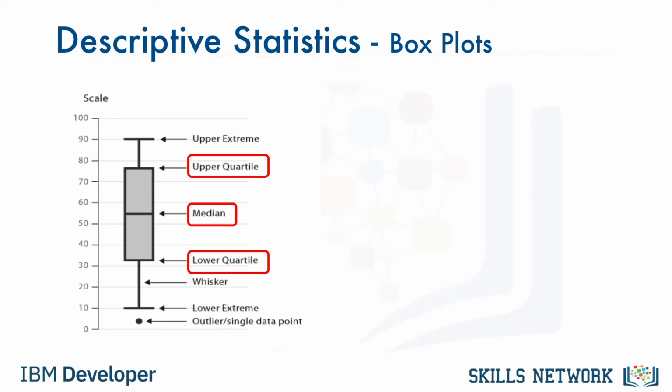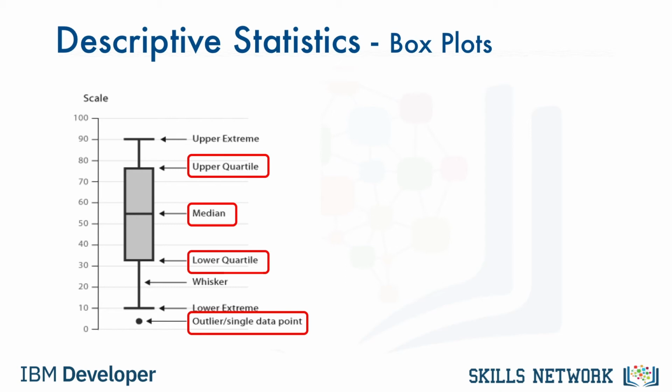The data between the upper and lower quartile represents the interquartile range. Next, you have the lower and upper extremes. These are calculated as 1.5 times the interquartile range above the 75th percentile, and as 1.5 times the IQR below the 25th percentile. Finally, box plots also display outliers as individual dots that occur outside the upper and lower extremes.